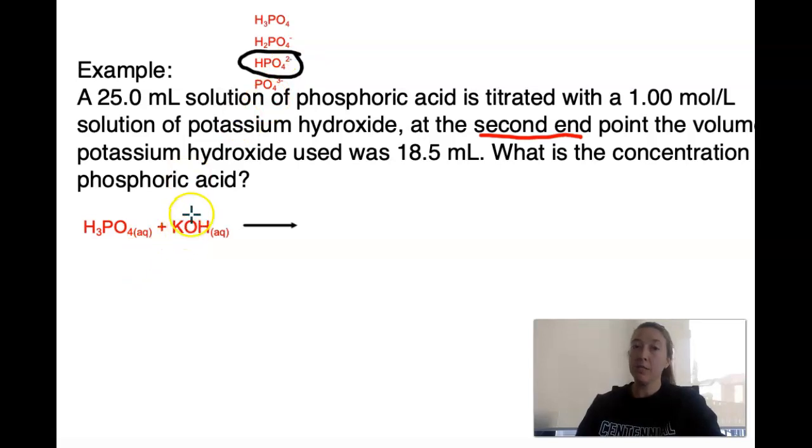Each potassium is a +1 charge, so we're going to need 2 of those. So we are going to be making K2HPO4. There's the HPO4 part that we knew we had to have because it was the second equivalence point, and 2 Ks because HPO4 2 minus has a 2 minus charge.